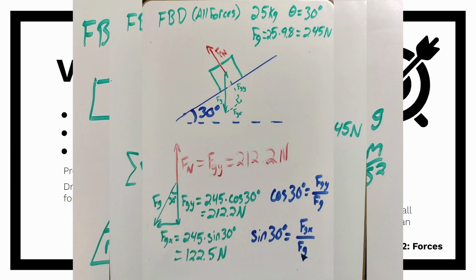Just to kind of show your work, you multiply by fg, which is 245. Yeah, so the y direction is 212, and that's what the normal force is, right? The normal force equals fgy. So that'll be 212. And then fgx, which will also end up being the net force, right, is 122.5.